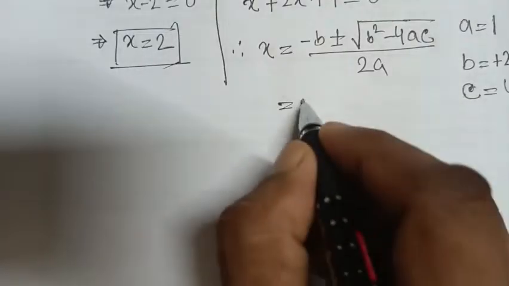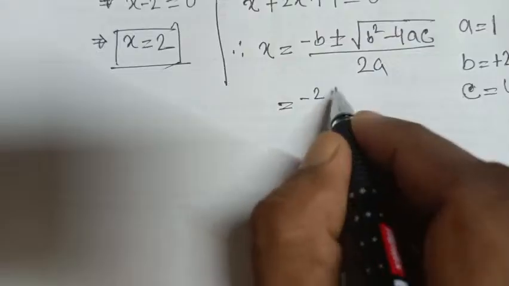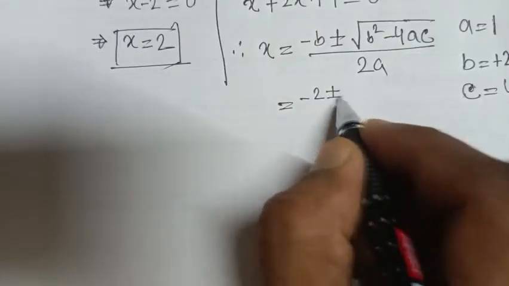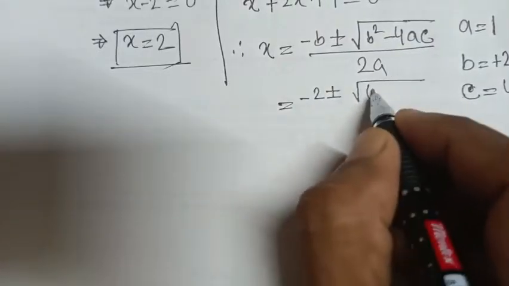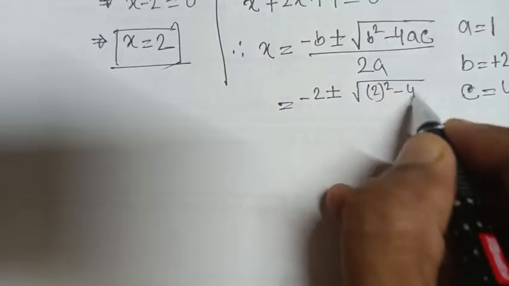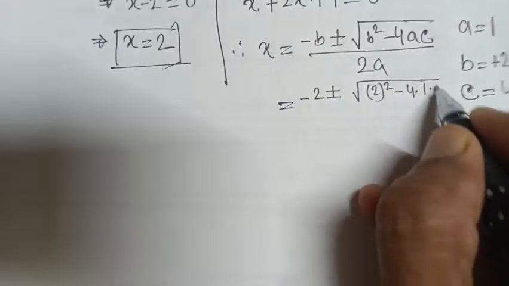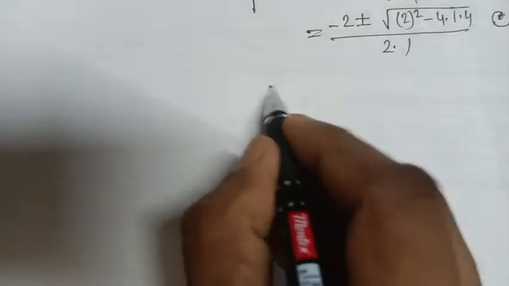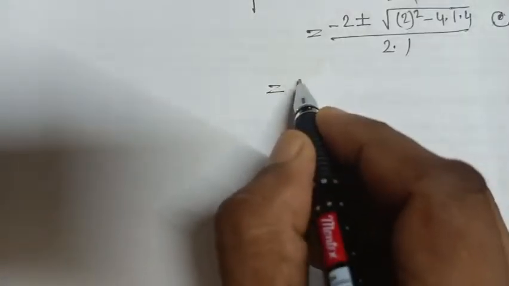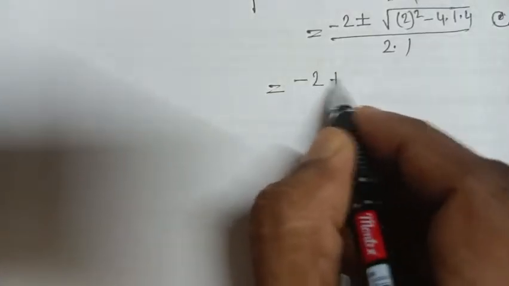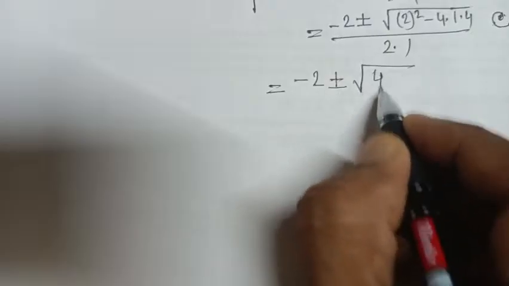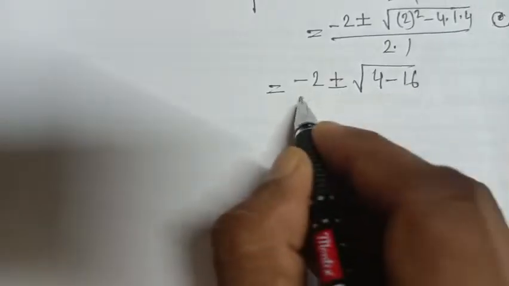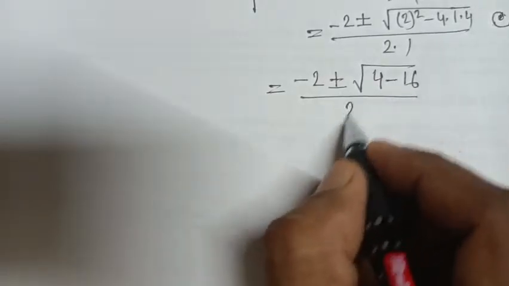Therefore if we put the values of b, that is minus 2 plus minus root over of 2 square minus 4 into 1 into 4 by 2 into 1, the expression will be minus 2 plus minus root over of 4 minus 16 by 2.